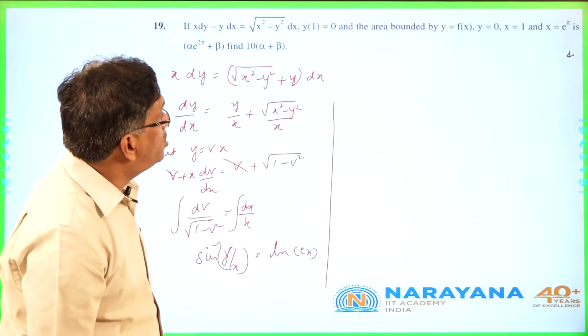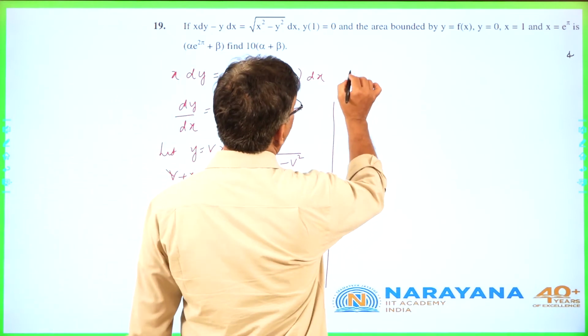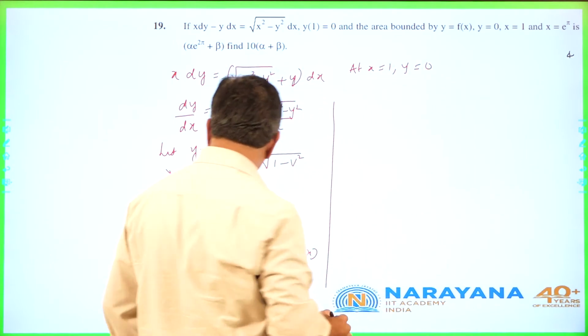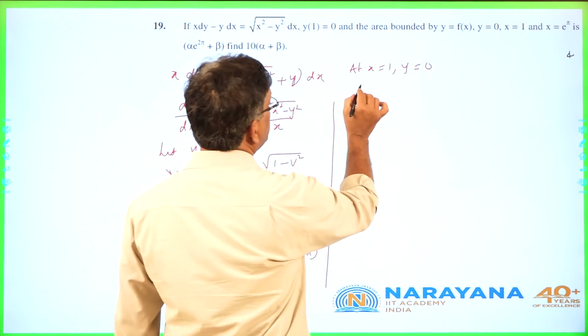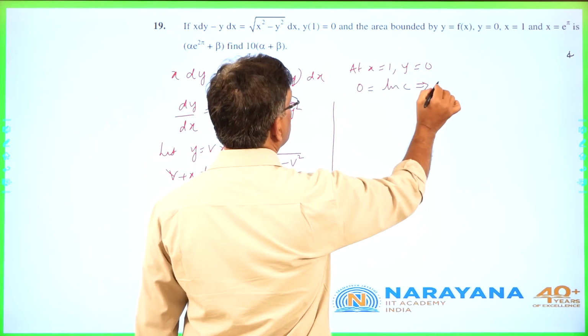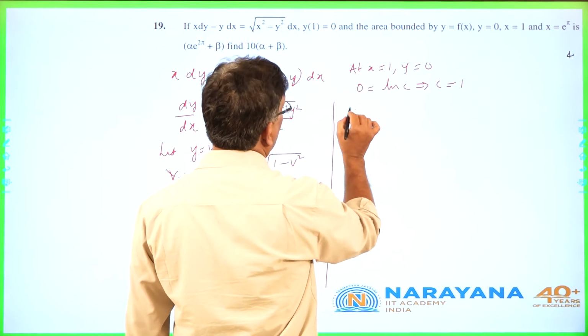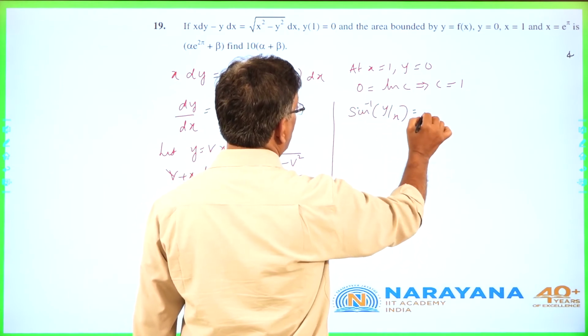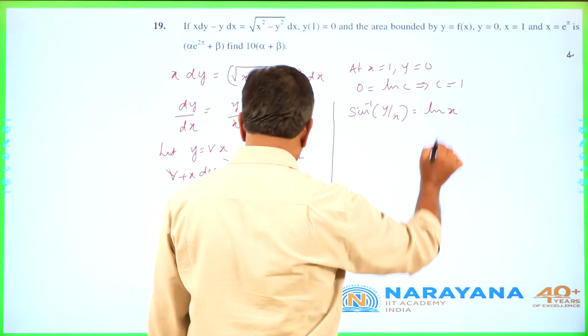Right? So, he has given at x equal to 1, y equal to 0. Sin inverse 0 is 0, which is equal to log c. You mean c equal to 1, that is, sin inverse y by x is equal to log x.